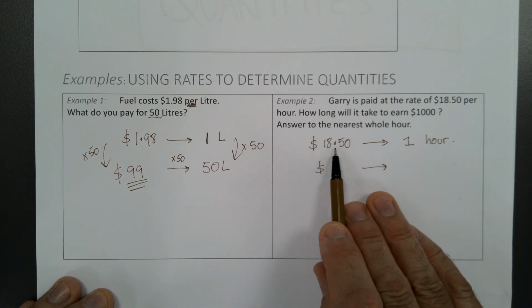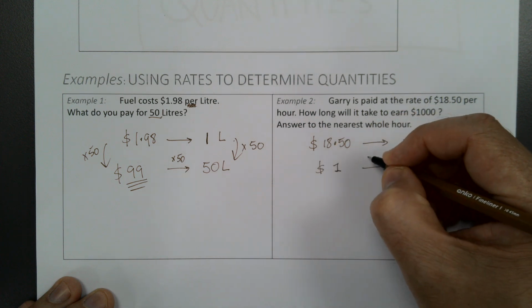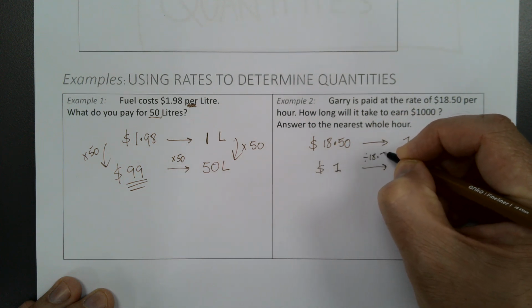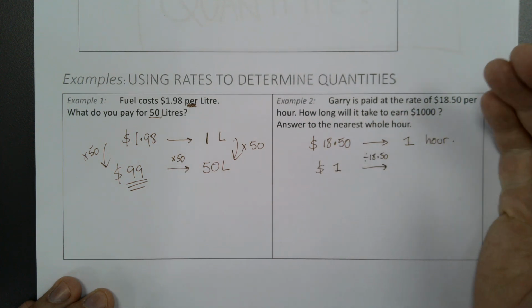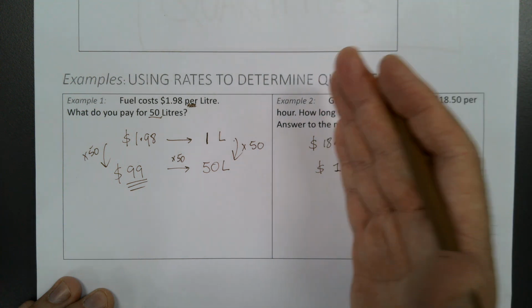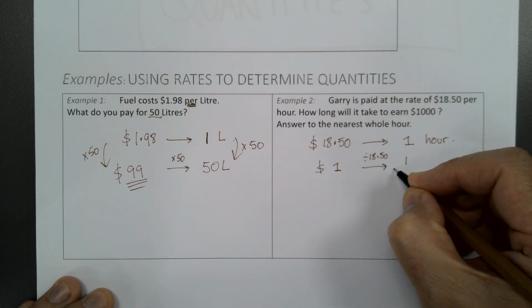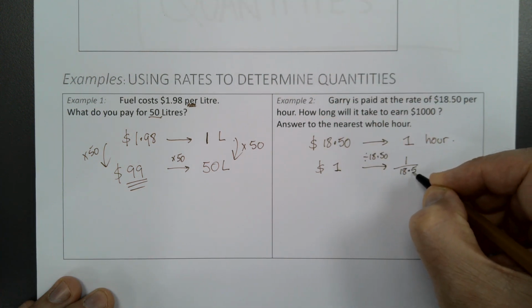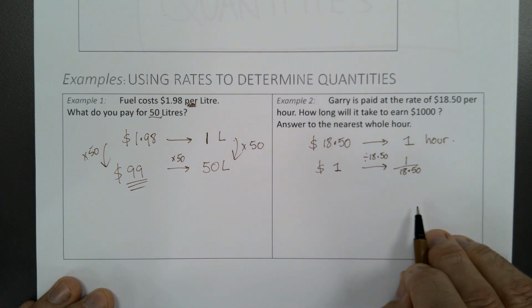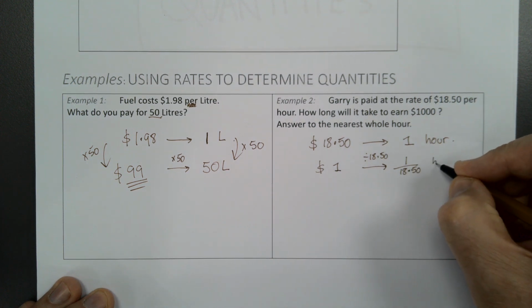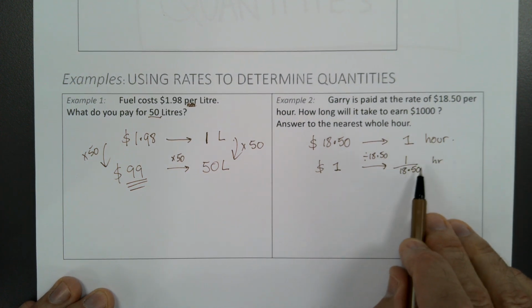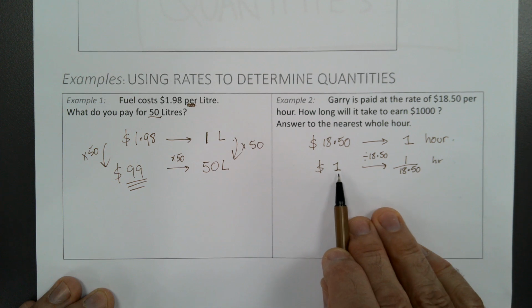Well, how do I turn $18.50 into 1? Well, I divide by $18.50. You can do whatever you want, multiply and divide, so long as it happens to both sides. So I'm going to go that. There you go. So that there is 1 divided by $18.50. I'm just going to leave that as a fraction. That's how many hours it would take to earn just $1.